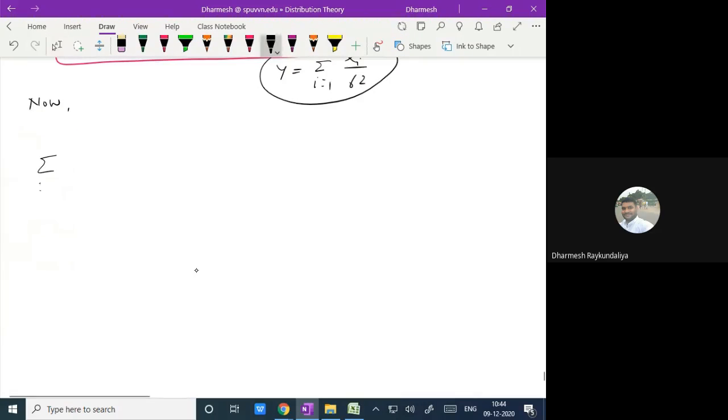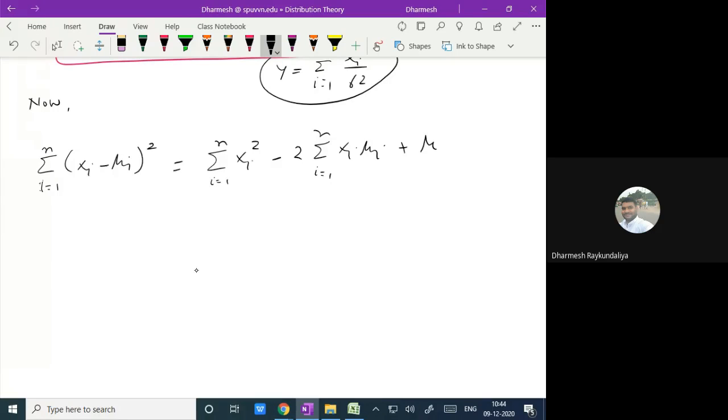Summation i running from 1 to n of xi minus mu i whole square is equal to, you can write, summation xi square minus 2 times summation xi mu i plus summation mu i square, i running from 1 to n.